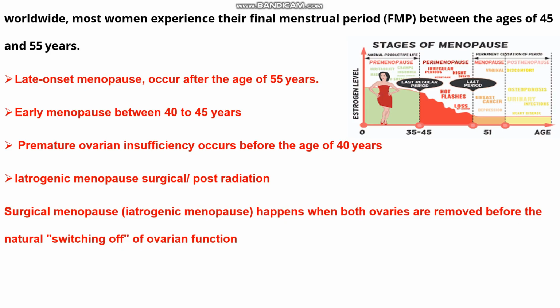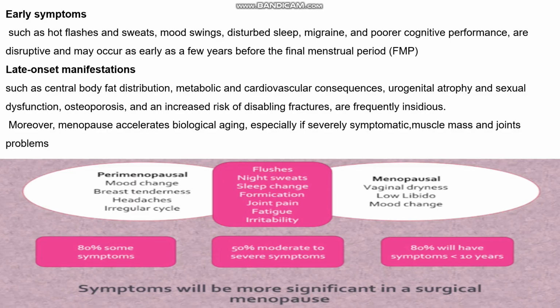Surgical menopause happens when both ovaries are removed before the natural switching off of ovarian hormones. The earliest symptoms, as has been discussed already, are in the form of hot flashes, sweats, mood swings, disturbed sleep, migraine, and poor cognitive performance. They usually start a few years before the final menopause and may last many years after menopause.